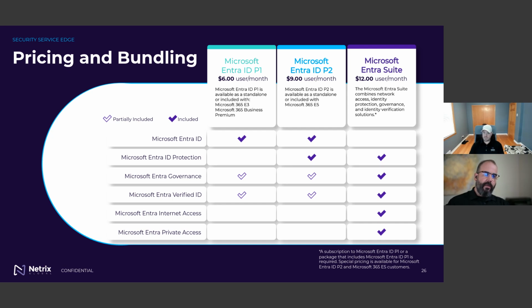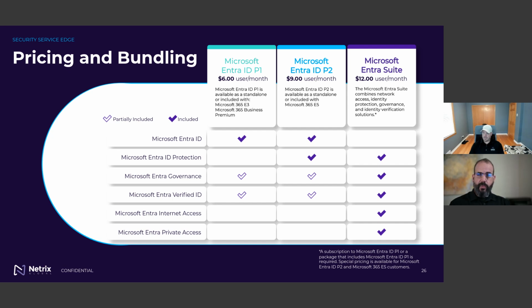Entra P1 and P2 are very common, the E3 and E5 level equivalents. Entra Suite steps you up and not only gives you internet access and private access, but also, if you have interest in Entra Governance, some of the advanced features there, and Entra Verified ID, which is fairly new and quite interesting, we'll get you all of that for a combined cost of $12 per user a month. It's something like a $20-some combined cost reduced down to $12.